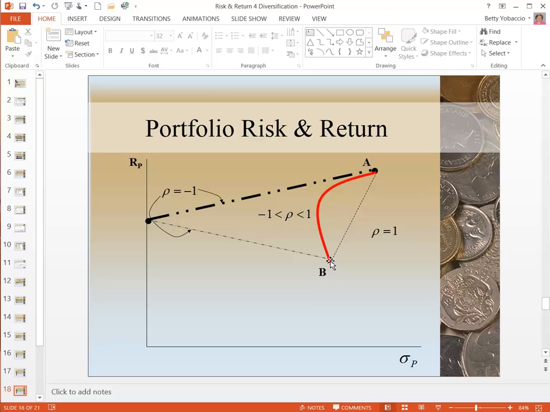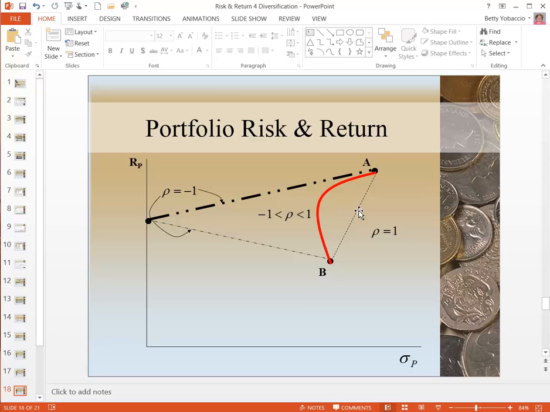And by deviating from 100% in either A or B, we can have return standard deviation combinations anywhere along this backward bending red curve. The lower the correlation, the more the curve will bend backwards, until at its limit, at correlation coefficient of -1, we end up with the two line segments again.